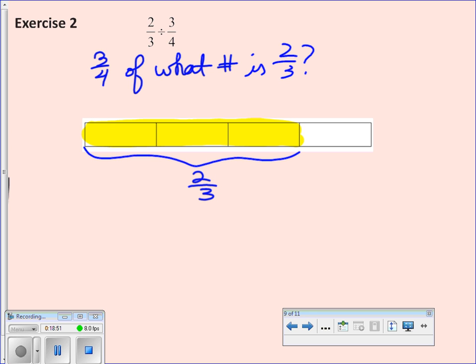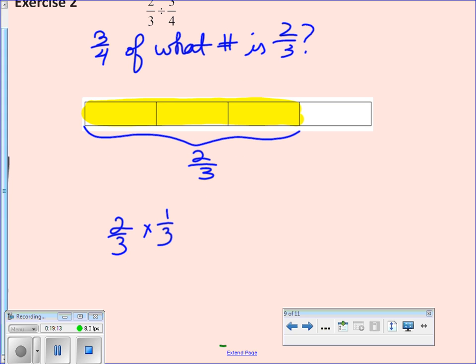And now wait a minute. I have to take that 2/3, and how many am I breaking it into? 3. So I'm taking my 2/3, and if I'm breaking it into 3 groups, we each would get 1/3. Now we're multiplying it by 1/3 because I have to separate it into 3 groups. After I divide it by 3, I would get my constant, and then I would multiply it by 4.